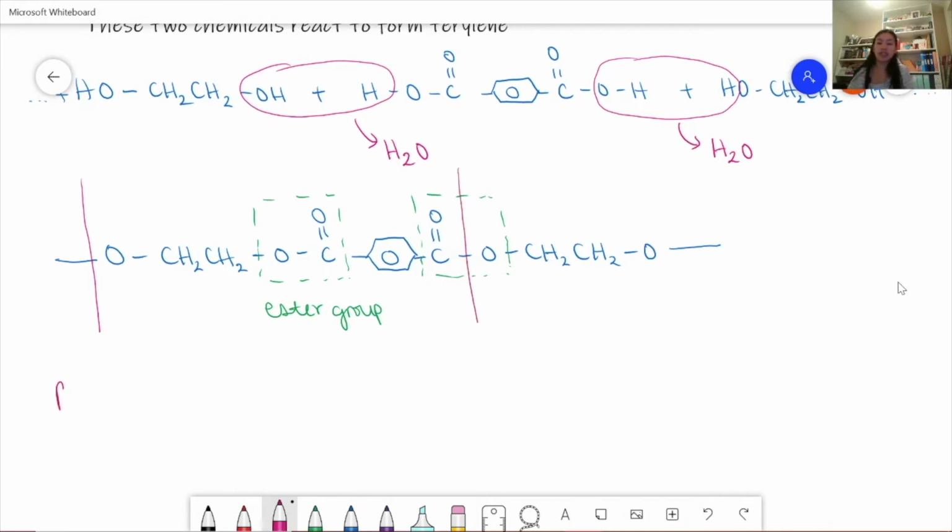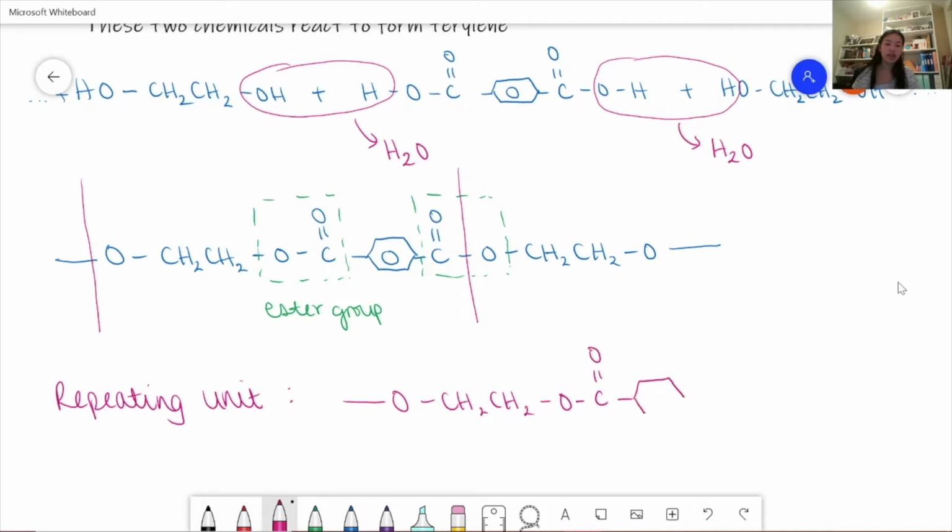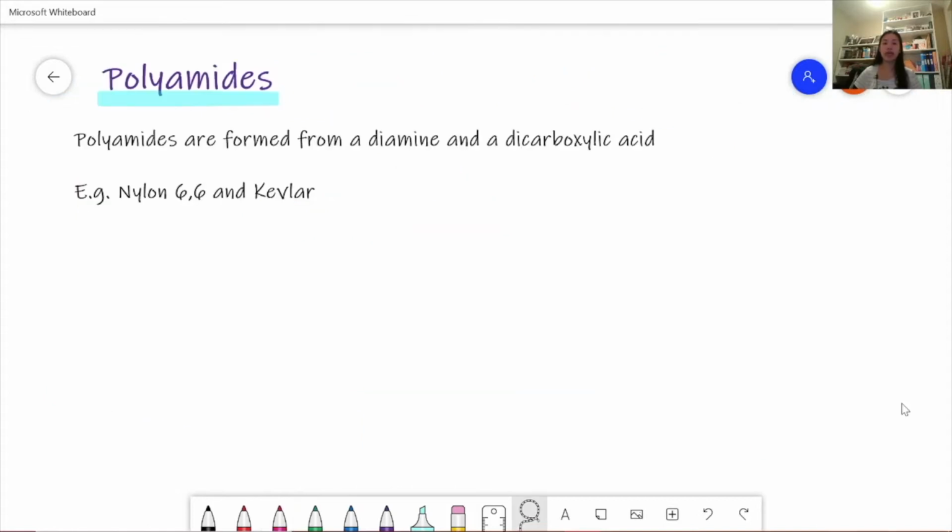And so the repeating unit for this polyester is OCH2, CH2, O, C double bond O, and then a benzene, another carbon, and then a double bond O. And so this is our repeating unit for terylene.